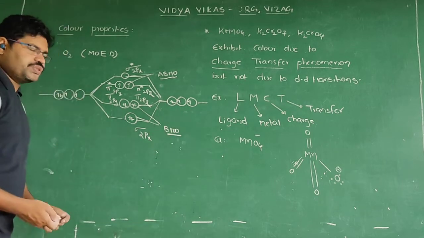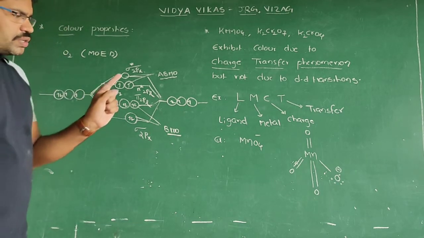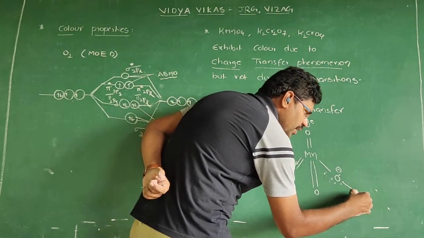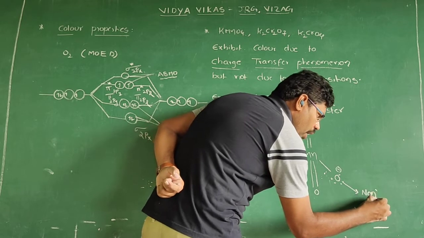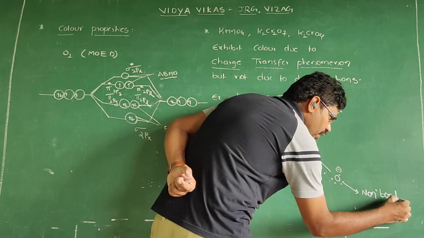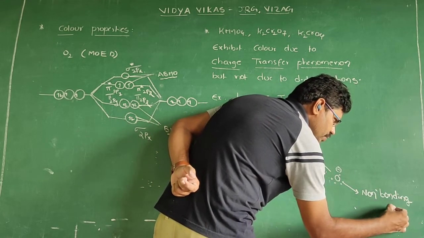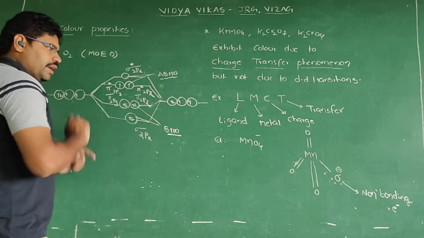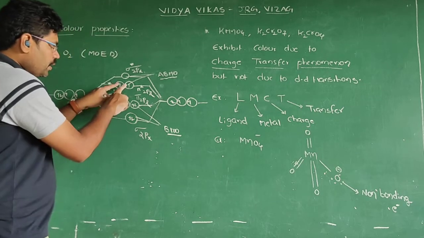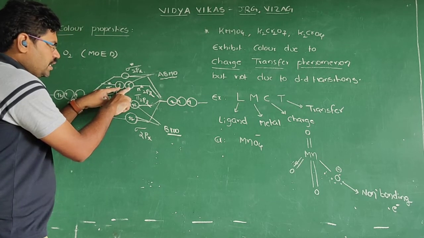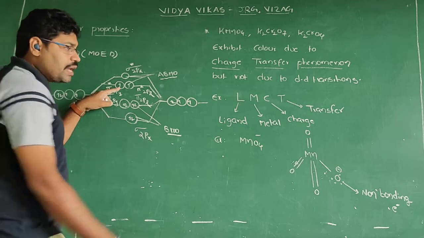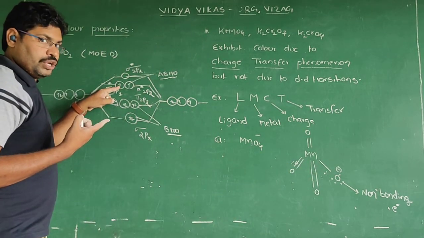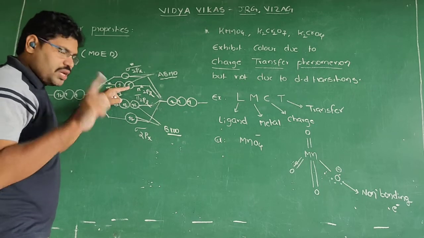Keep in mind, students. And students, coming to this particular one, here these electrons are called non-bonding electrons. Non-bonding means lone pair electrons, but 2 unpaired electrons are present in oxygen. But we are talking about O minus, which means already one electron is paired up. So only one unpaired electron is there.